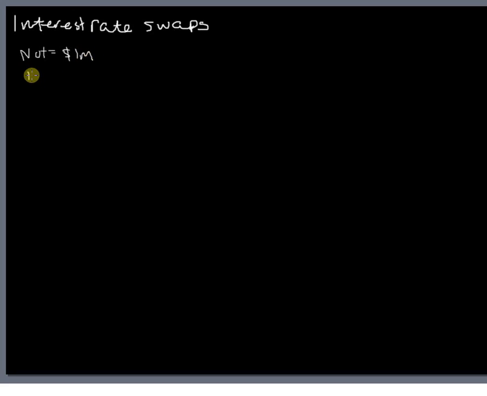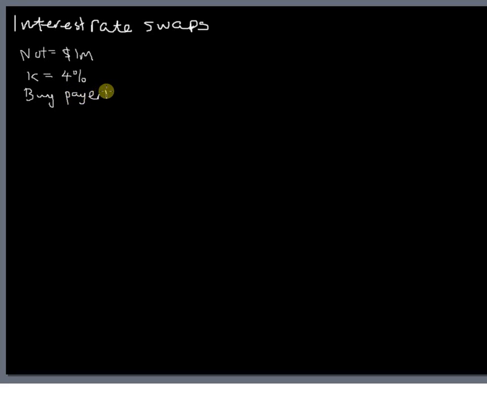Okay, so it's also necessary to indicate the fixed rate. So assuming the fixed rate K is 4%. And assuming that we are a buyer of a payer IRS.